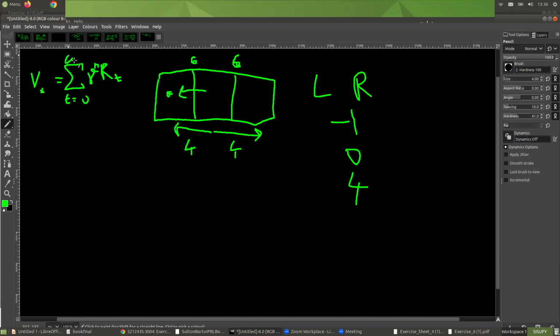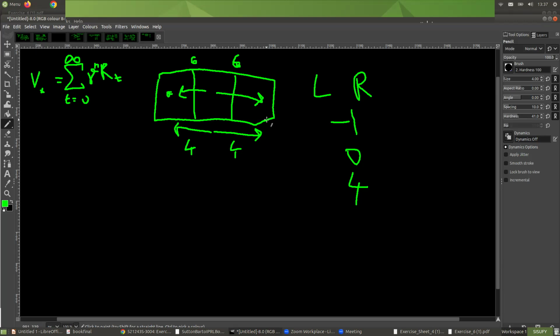So you look into the future, and you see what kind of rewards you're going to get when you follow your policy. But in the maximality equation, you don't have the policy, you just have an equation for the value function. And then you can solve it, and you get a maximal value. But because this world is symmetric, the value of going left and going right is exactly the same.